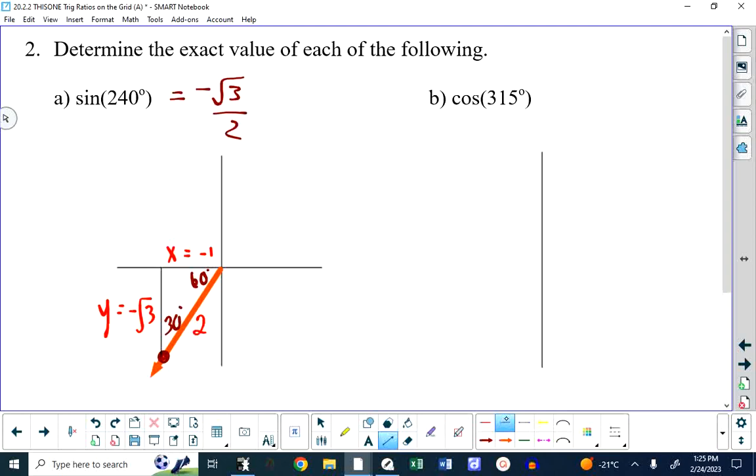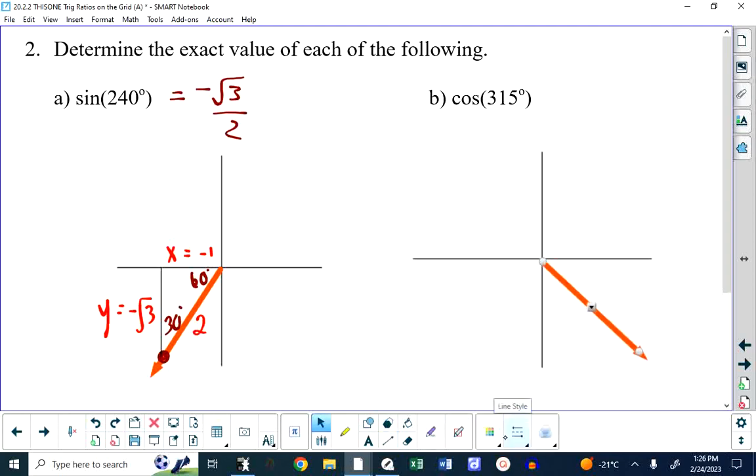Well, 315 degrees, and this goes back to 2 days ago, I believe, is the 45-degree position in quadrant 4. It's 45 degrees shy of 360. So this is what it looks like. I just cannot draw 45-degree angles.